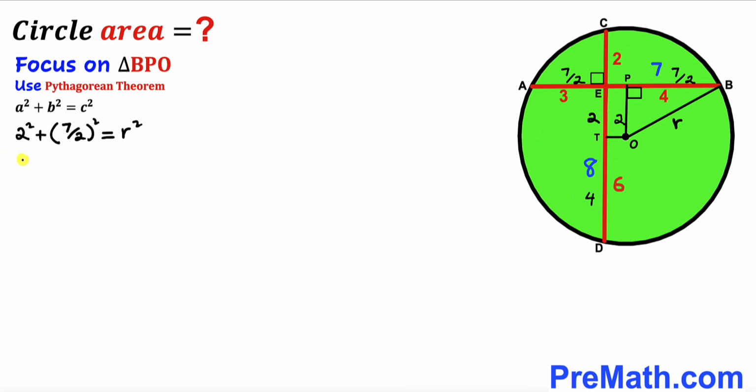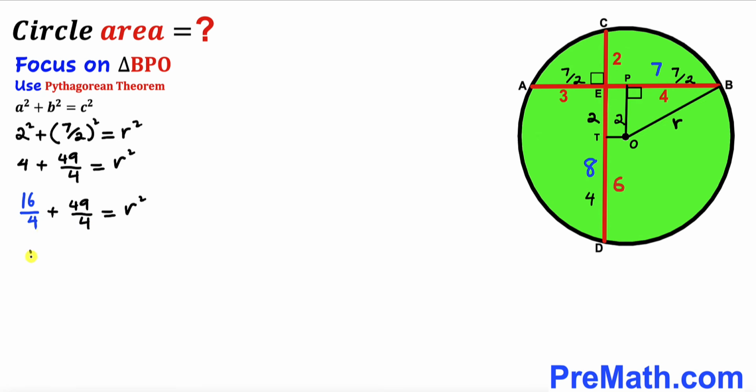Let's simplify. We get 4 plus 49 divided by 4 equals r squared. Now I'm going to rewrite this 4 as 16 divided by 4, so that we get our common denominator of 4.